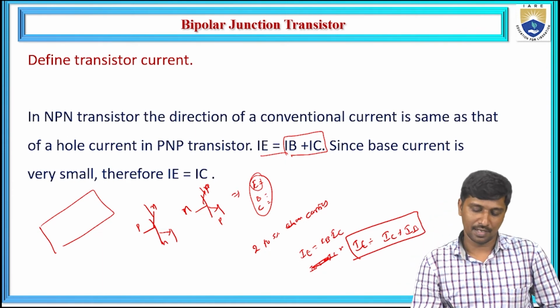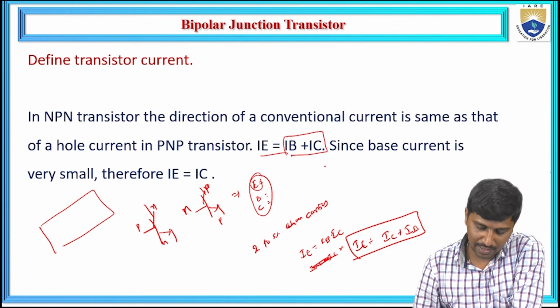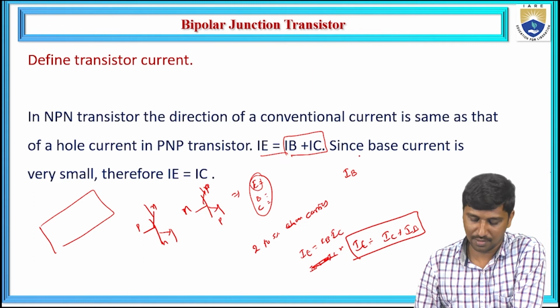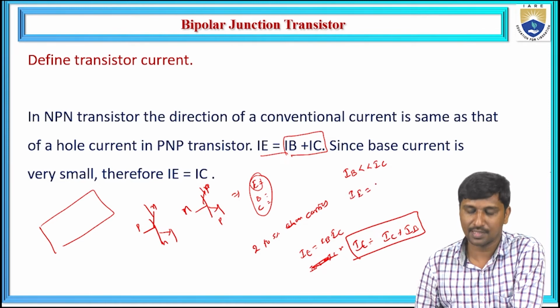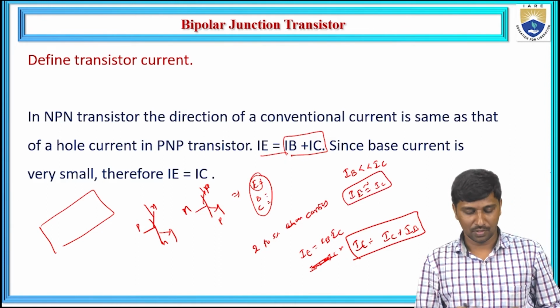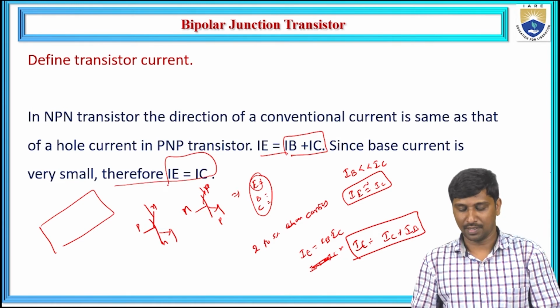That is the reason the base current is very small compared with the collector current. Due to the construction and operation, IB is much less than IC. So simply we can write that the emitter current is approximately equal to the collector current, IE is approximately equal to IC.